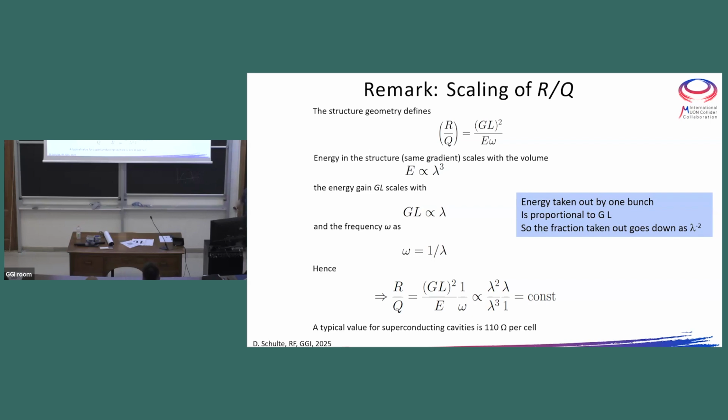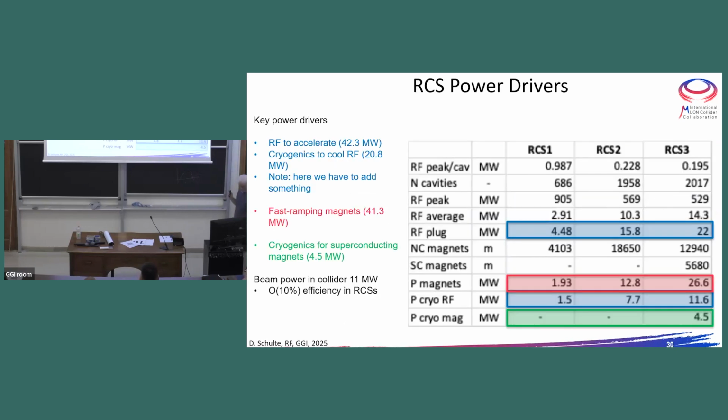So actually, you take out a much smaller fraction, because you can think of it as the stored energy becoming larger because the transverse cross-section is getting much larger. So the stored energy, compared to what you extract, goes up with the square. In the cell, it goes up with the volume, but then you lose longitudinally because also the particle extracts more, and so you're left with the square. So that means, indeed, going to a lower frequency, you extract less of the stored energy.